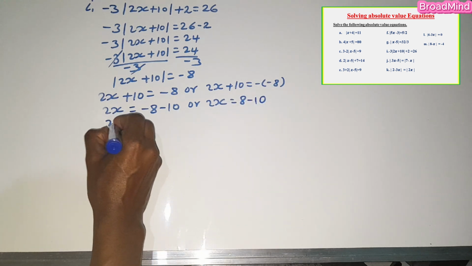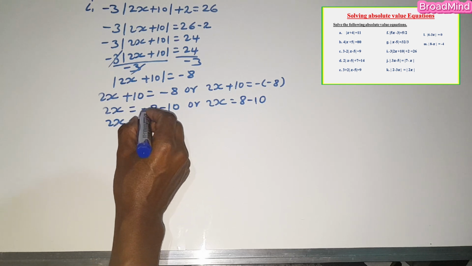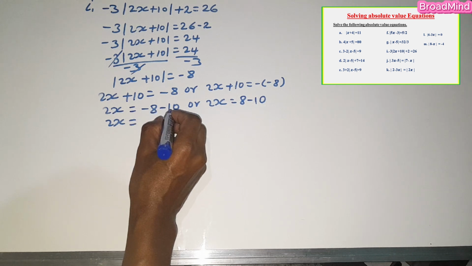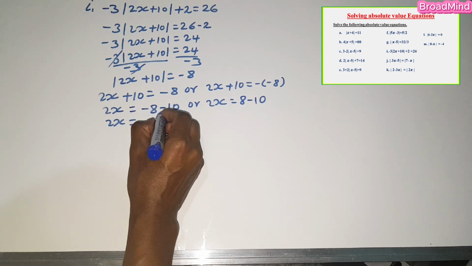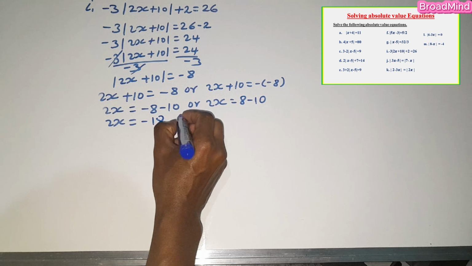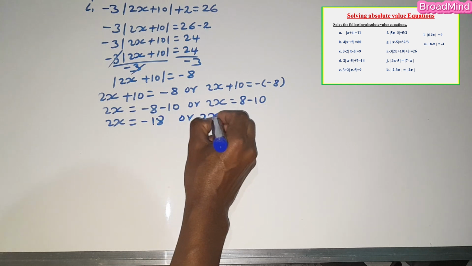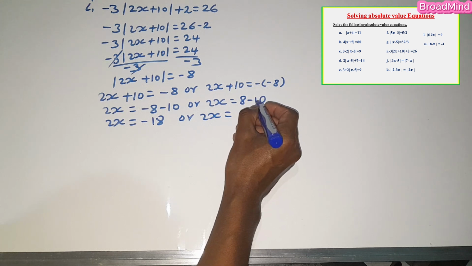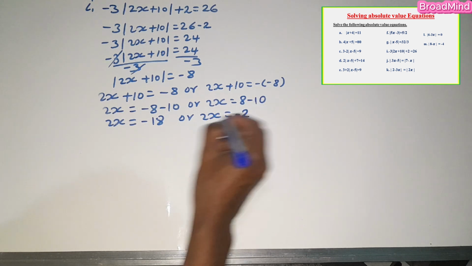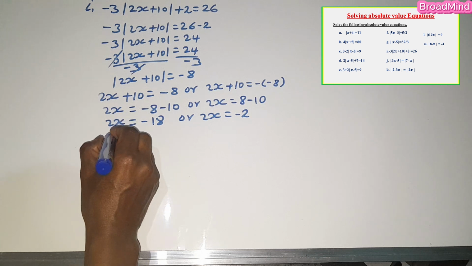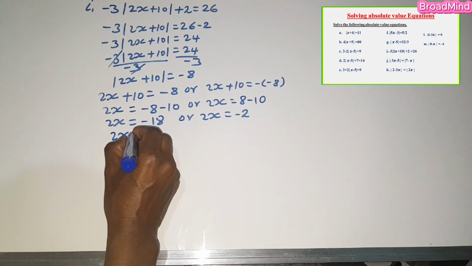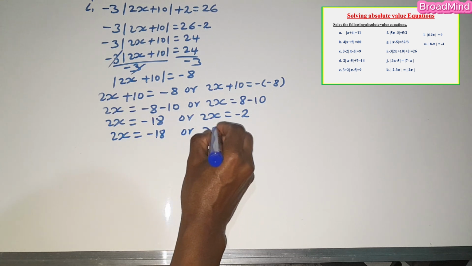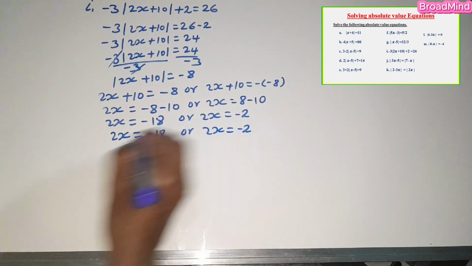So 2x is equal to negative 18, or 2x is equal to, in this case, negative 2. Both are negative. Then 2x is equal to negative 18, or 2x is equal to negative 2.